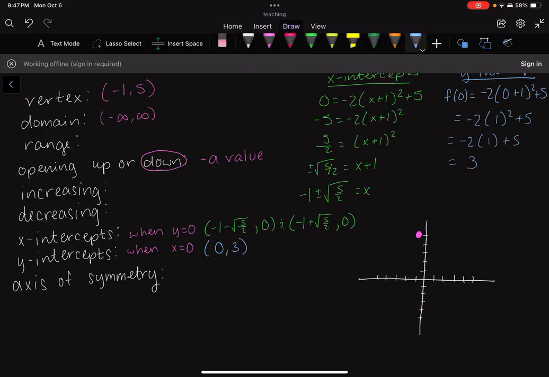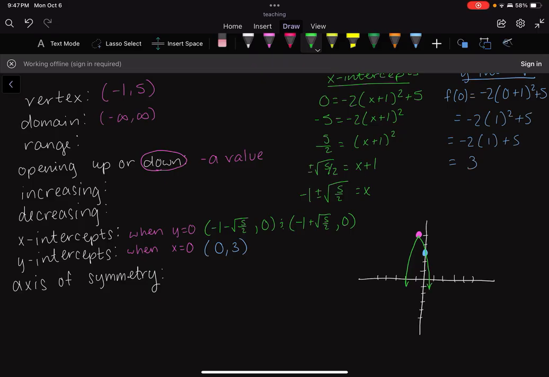Now my y-intercept I can actually plot is 0, 3. So my graph probably looks something like this. Probably a little bit over further. The point is I'm looking for a sketch.